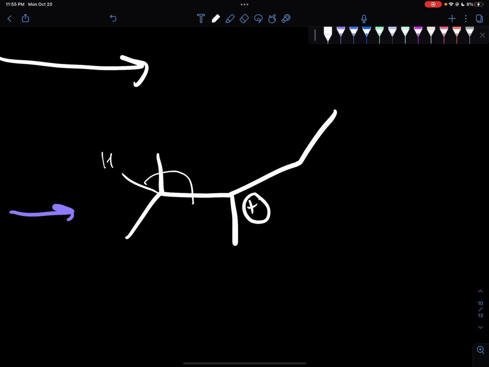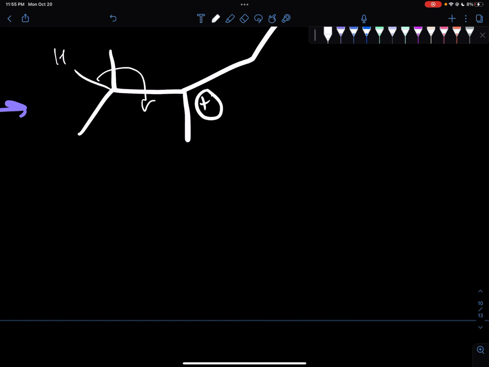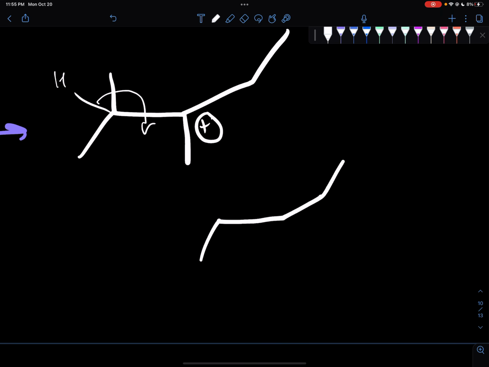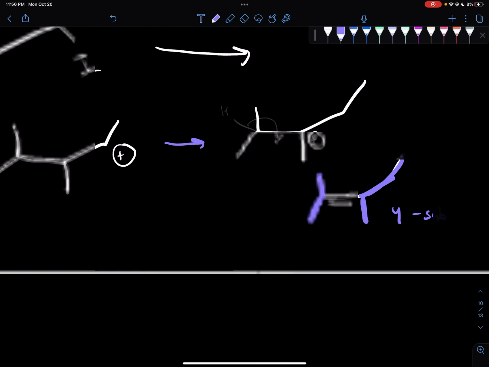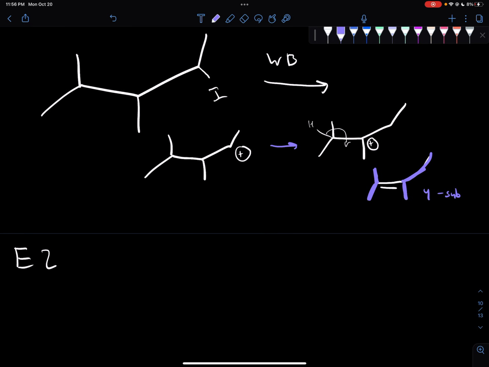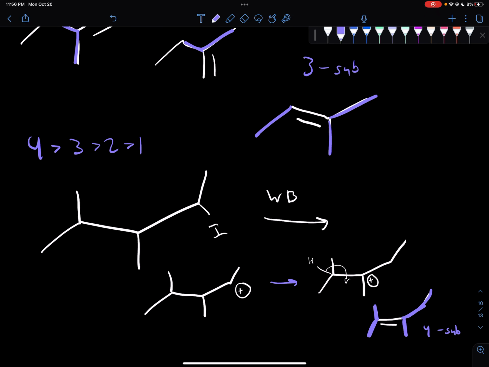So I'll remove this, form the double bond, and boom, right? I'll end up with, look at this, 1, 2, 3, 4. That's tetra-substituted. So that's where carbocation rearrangement can come into play for elimination.